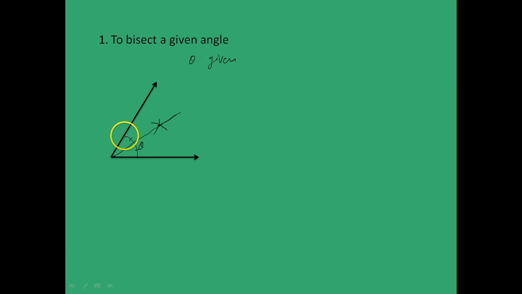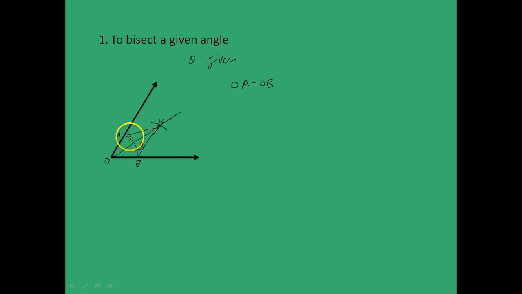To do that, name this point point A, this point is point B, this point is point O, and let's call the intersection point as point C, and join AC and join BC. Because this is an arc of a circle, we have OA is equal to OB, which will be equal to the radius of the arc that we had drawn initially to represent the angle itself.